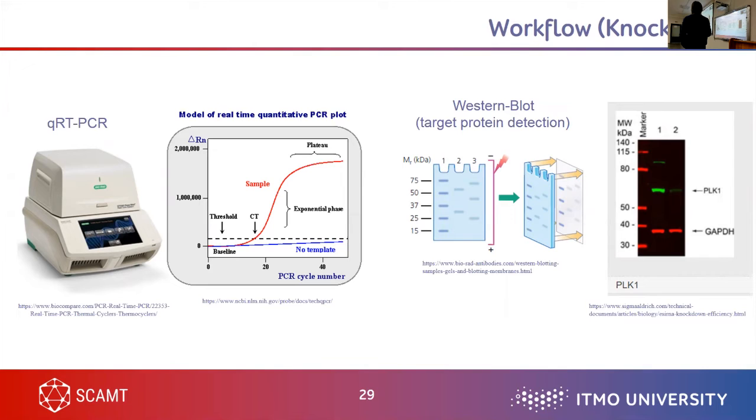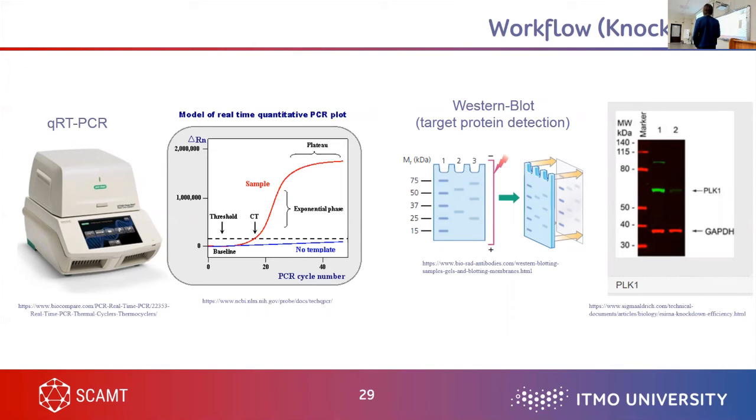This is the graph, and this is the threshold. To understand whether the knockdown was successful or not, there is the CT value.